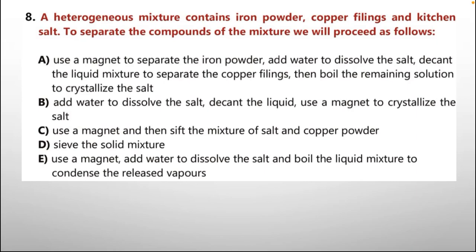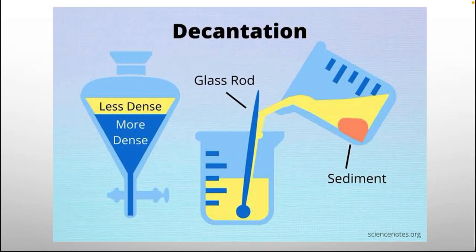B. We add water to dissolve the salt, decant the liquid, and use a magnet to crystallize the salt. C. Use a magnet and then sift the mixture of salt and copper powder. D. Sieve the solid mixture. E. Use a magnet, add water to dissolve the salt, and boil the liquid mixture to condense the released vapors. So the correct option is option number A, but we are going to explain here.